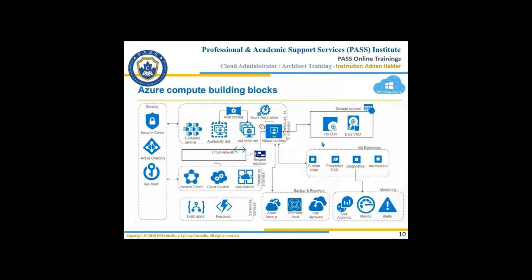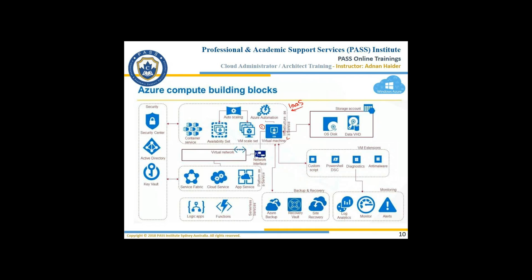So going back to our diagram, the very first thing that we need to understand is that under compute service, there are three different offerings. Number one is infrastructure as a service. This complete server refers to infrastructure as a service cloud offerings.